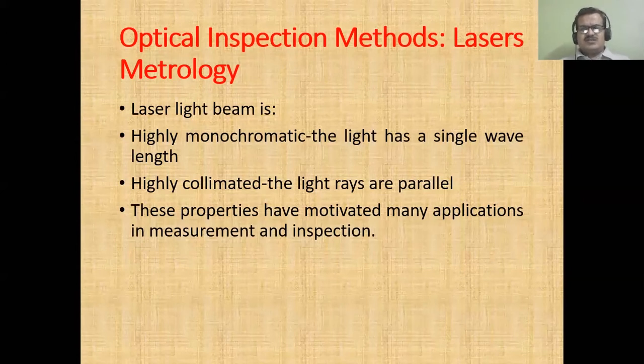Mono means single. It is also highly collimated, meaning the light rays are parallel. These properties have motivated many applications in measurement and inspection. First is monochromatic and another is highly collimated. That is a very important property of lasers, and hence lasers are used in inspection technology.